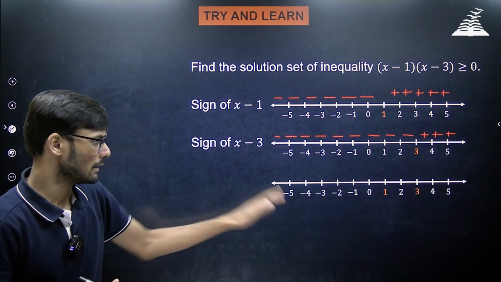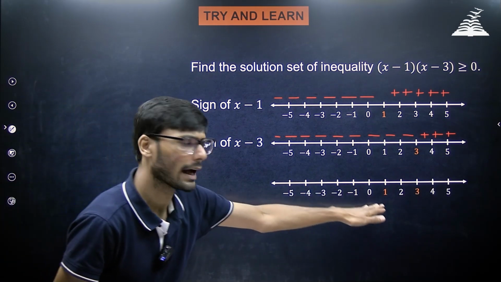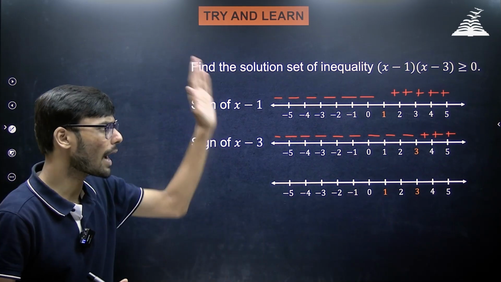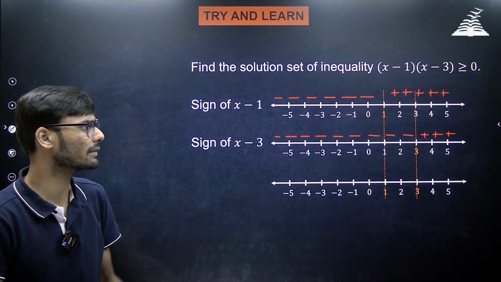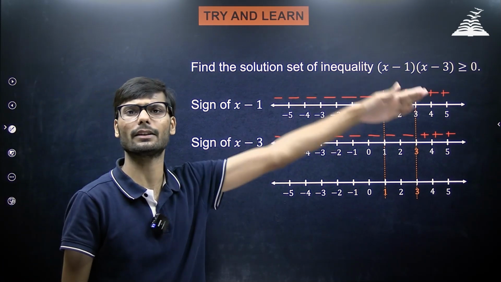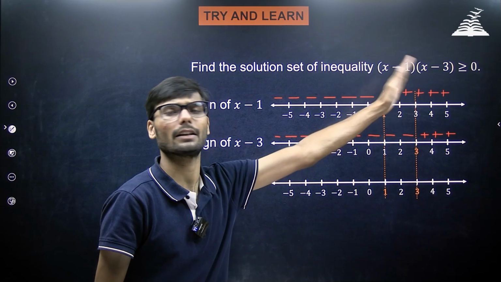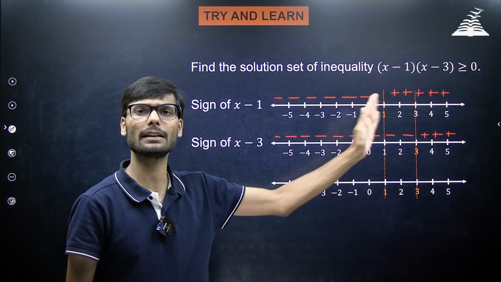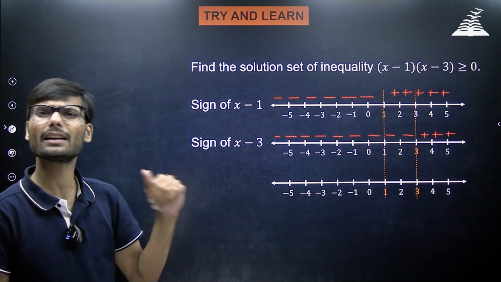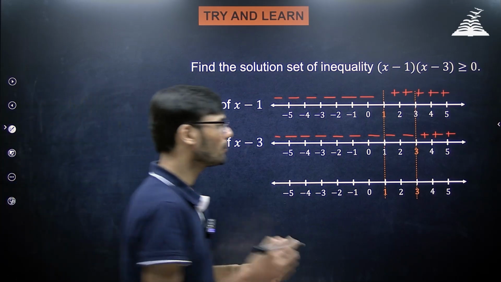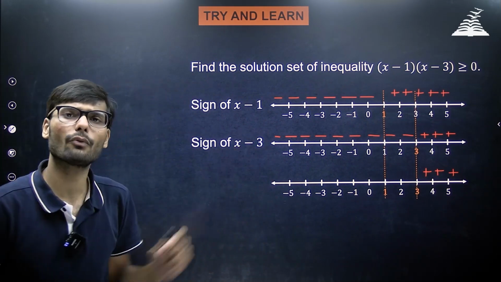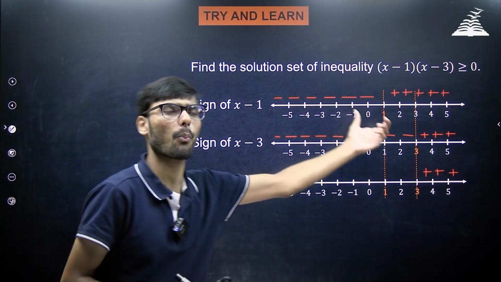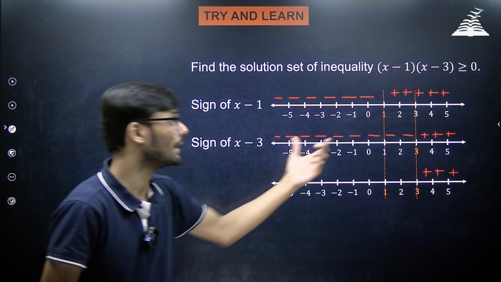How? We have the number line. I've highlighted 1 and 3. Now I'm going to draw vertical lines at 1 and 3. Why am I doing this? See, on the right hand side of 3, the sign of x minus 1 is positive, the sign of x minus 3 is also positive. If you multiply two positive numbers, you are going to get a positive number, right? Now between 1 and 3, x minus 1 positive, x minus 3 negative.